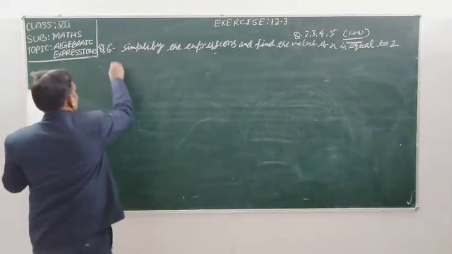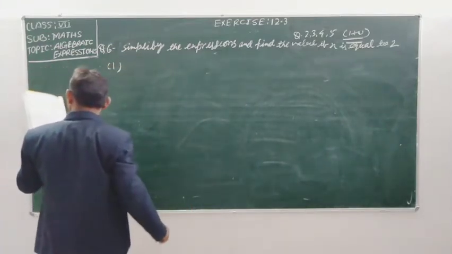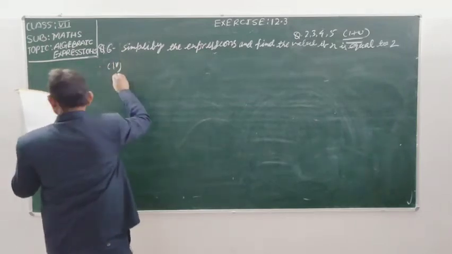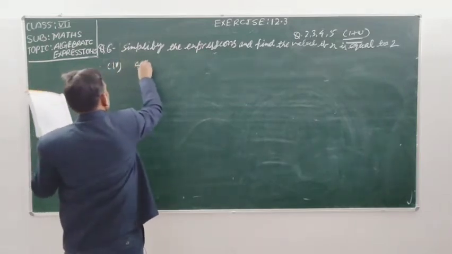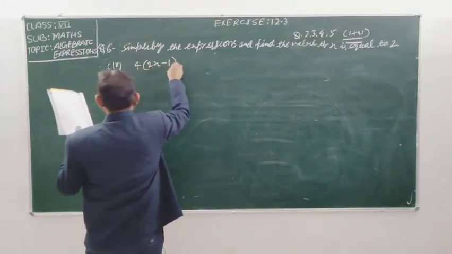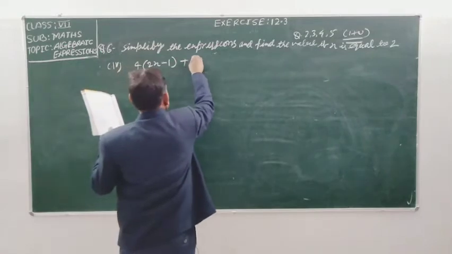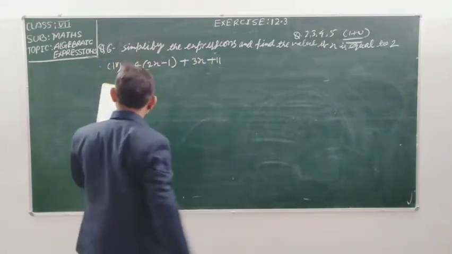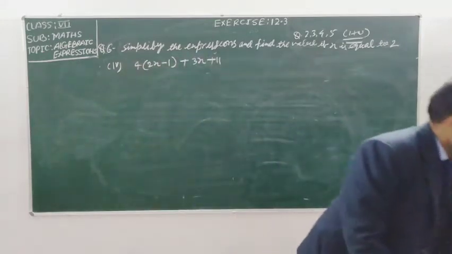I am taking only one part of this question, the fourth part: 4 times the bracket 2x minus 1, plus 3x plus 11.